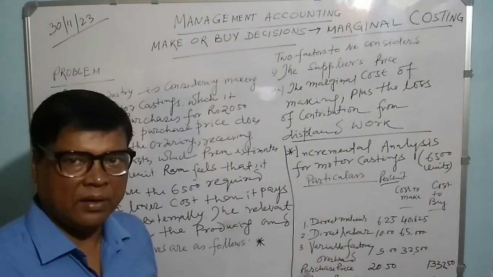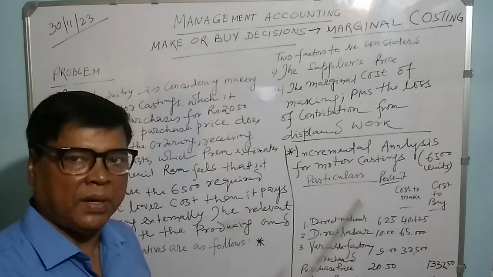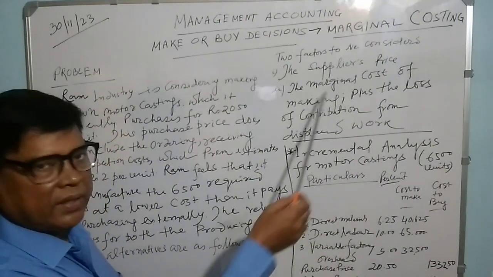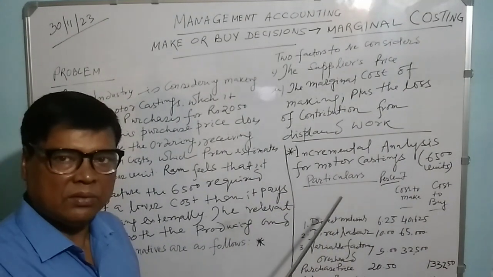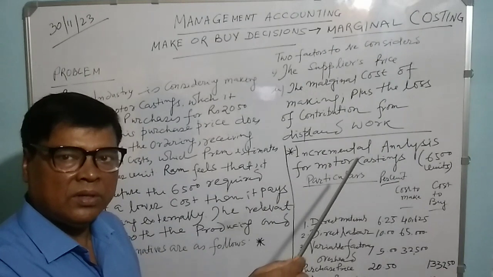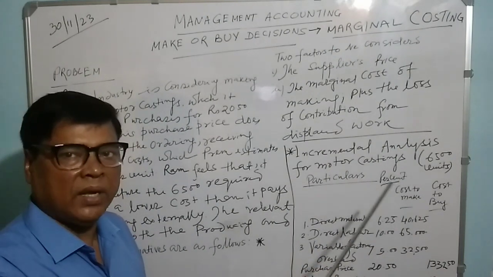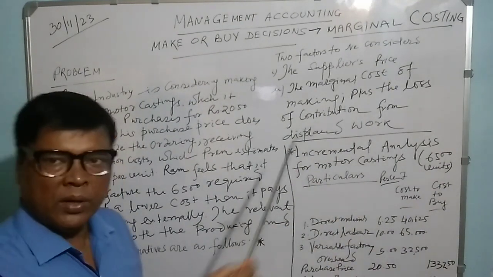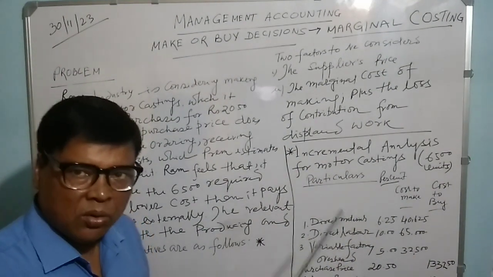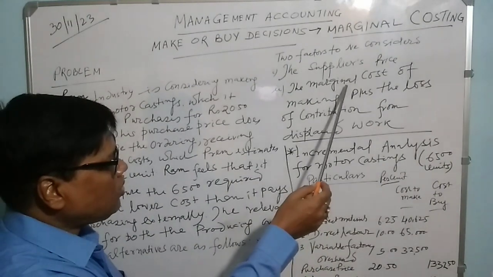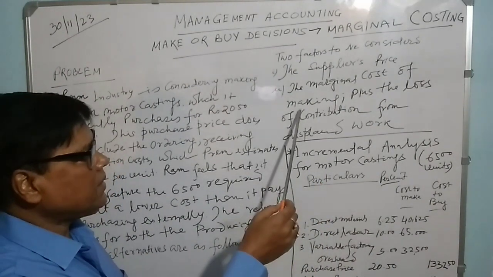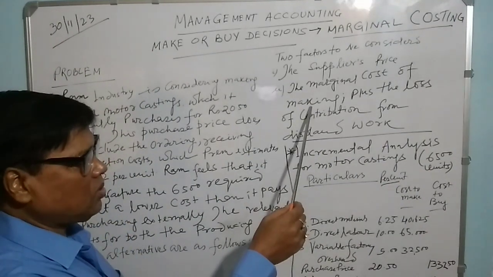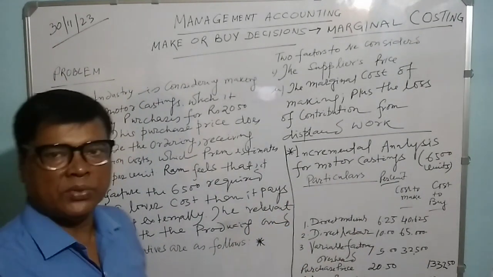You are getting my point? If you purchase those parts, your own place will not be utilized for them, and that place you can utilize in some alternative way, from which some benefit may come. So when you make your own, you need not take only the marginal cost of making. You have to take the marginal cost of making plus the loss of contribution from displaced work.